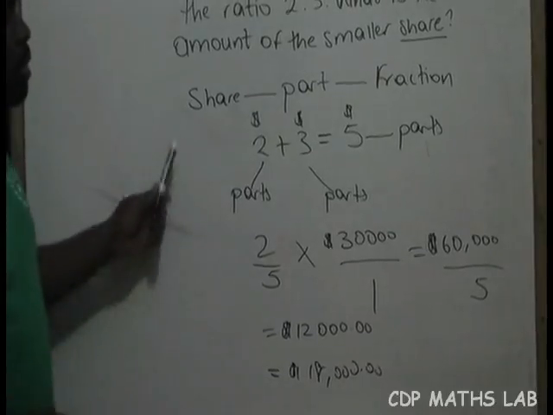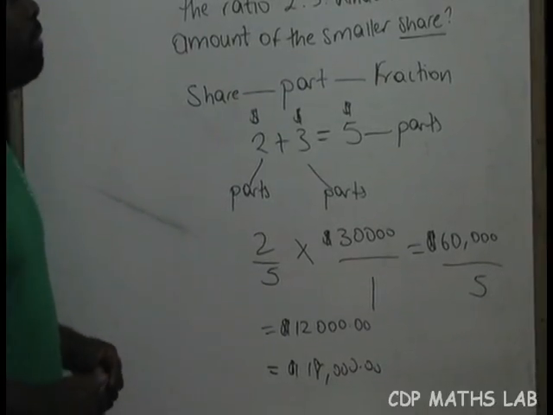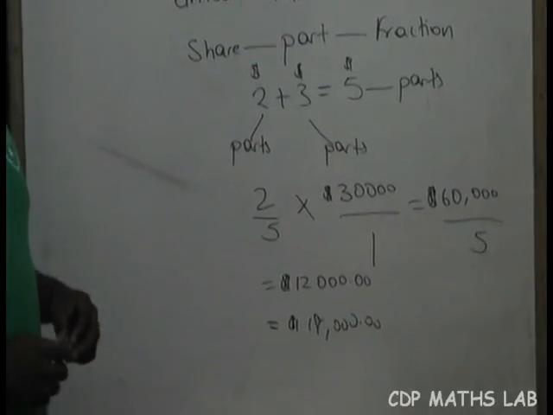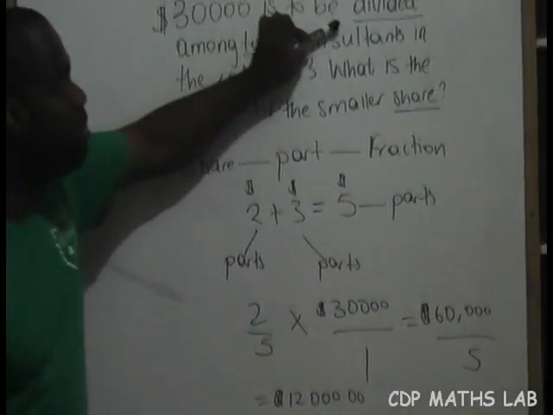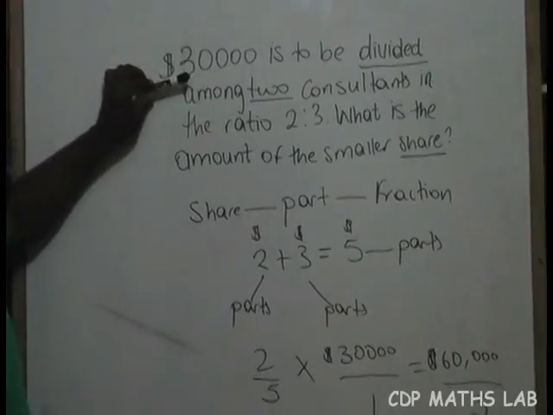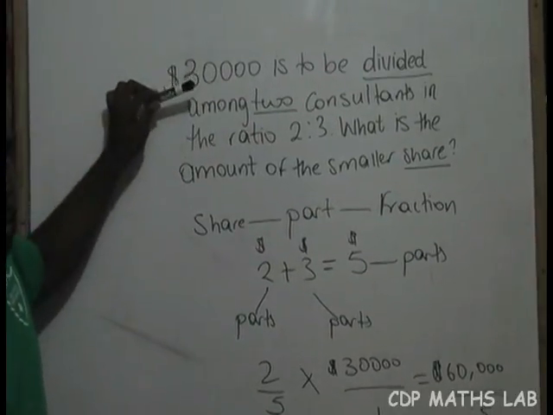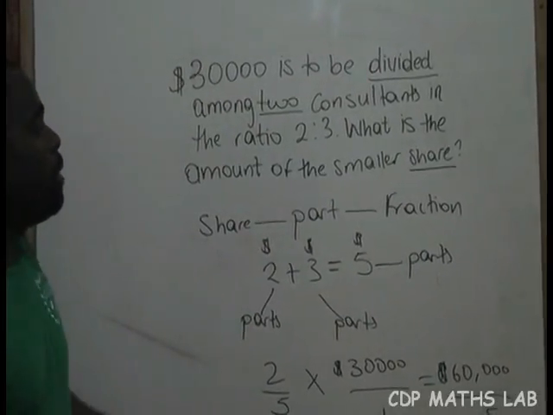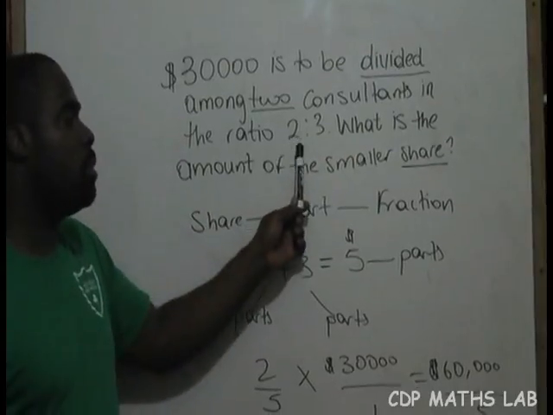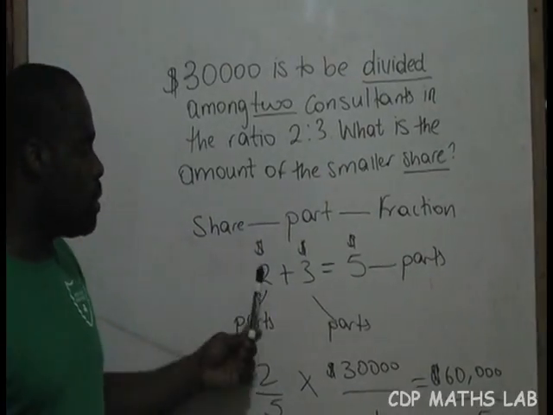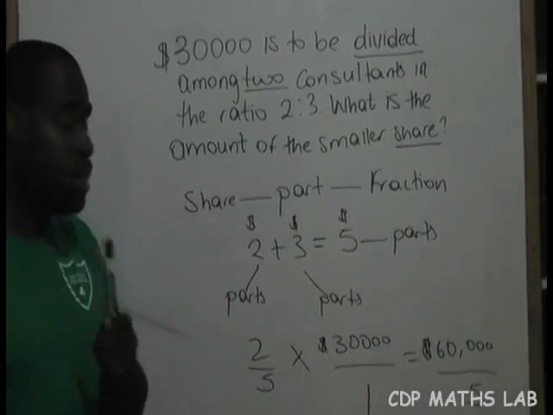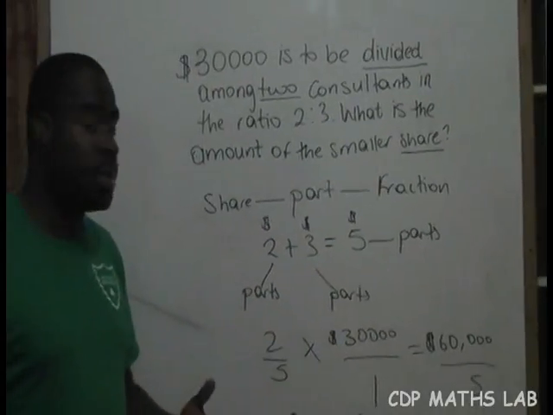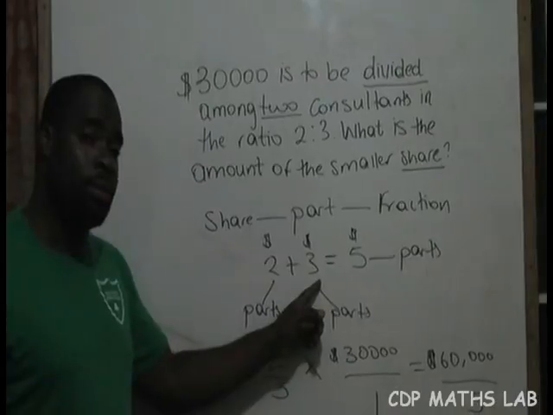So let's summarize our steps. First of all, look at what is given in the question. They are giving you the whole. Once you see it is to be divided, it simply means that this is the total figure. Then they've told you how many persons it's supposed to be divided among. So the first step was to find the total parts, and the total parts were 2 plus 3 giving us 5.